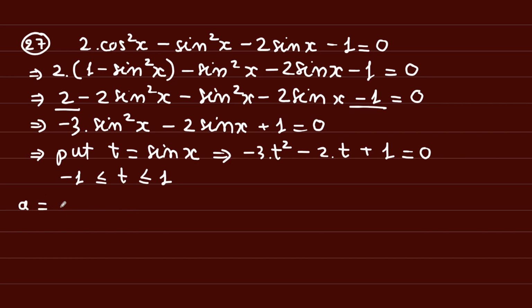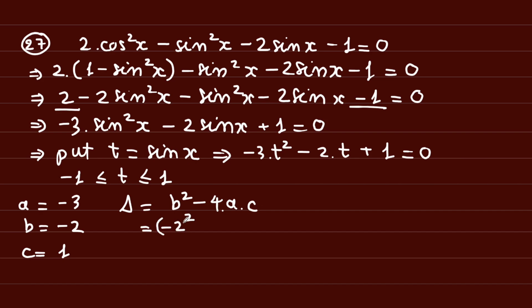So for the coefficients of each term in the quadratic equation now, you got a equal to minus 3, b equal to minus 2, and c equal to 1. And about the discriminant, b squared minus 4ac. b squared means minus 2 squared, but we need to put minus 2 inside the bracket. And the other side will be minus 4, a here is minus 3 and c equal to 1. Okay, so here is 4 plus 12 equal to 16.